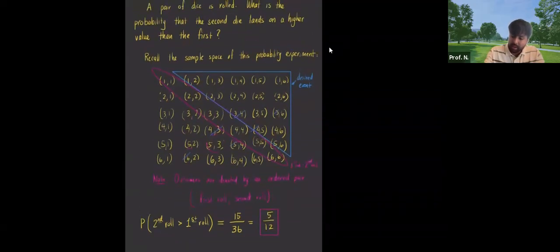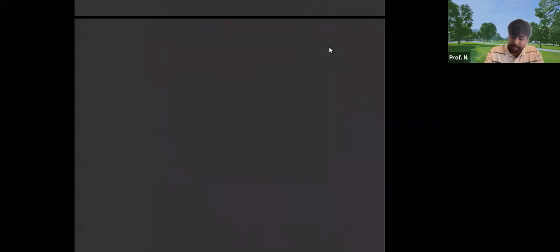Then I want to go on to this next example. This is an example using the principle of inclusion and exclusion.